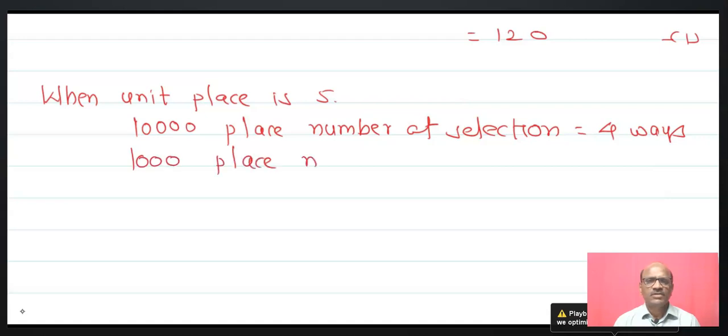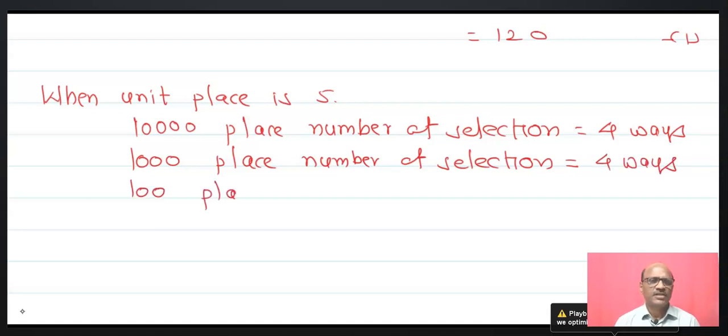Next, for the thousands place, the number of selections is equals to 4 ways, because we can include 0 here.